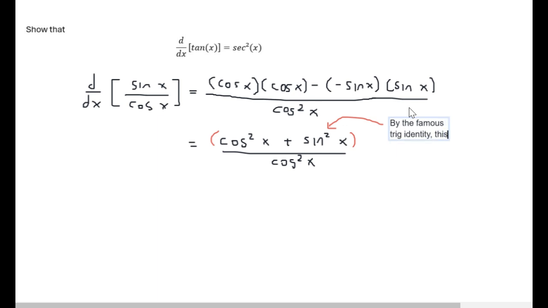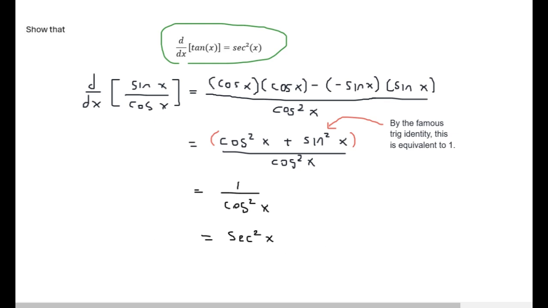This is equivalent to 1. So now we have 1 over cosine square of x, which is secant square of x. So yeah, we proved this.